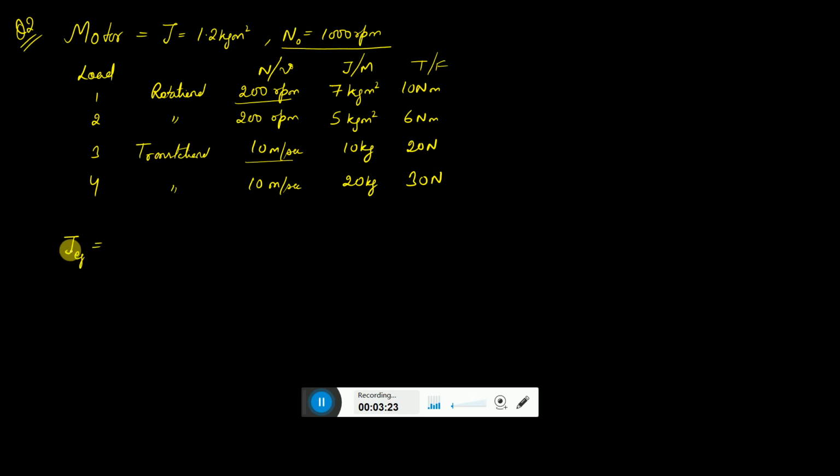Now we can write J equivalent is equal to, let us say the motor inertia is J0.